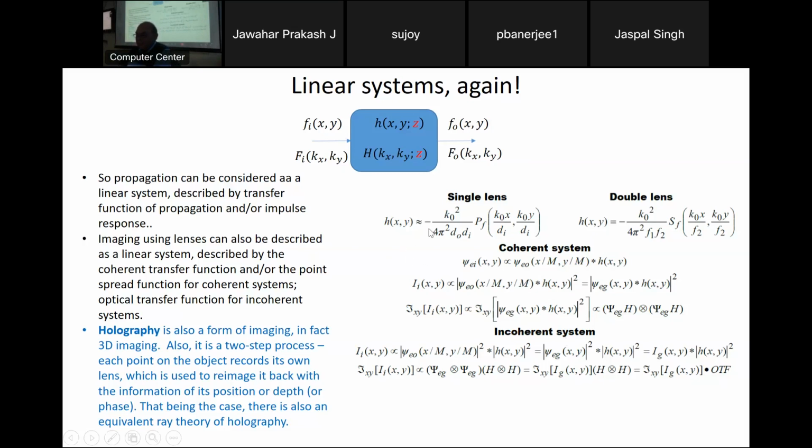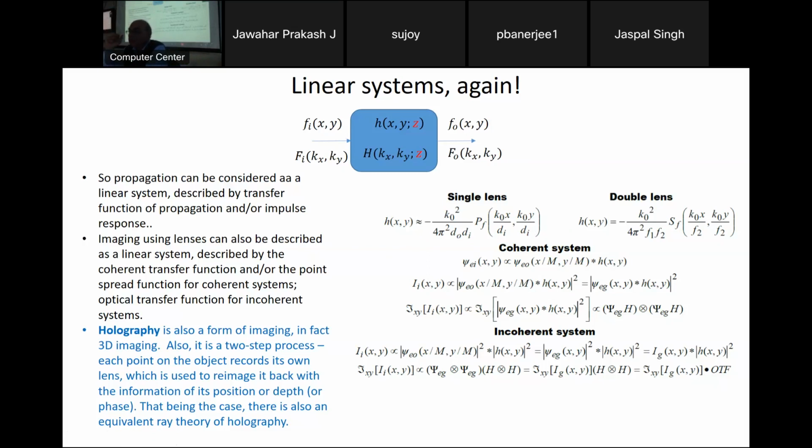But the reason I brought this up, this business of imaging, right? The business of imaging you can do by lens, as typically people do. But guess what? You can also do it, and sometimes better, by holography. Holography is also a way of doing imaging.